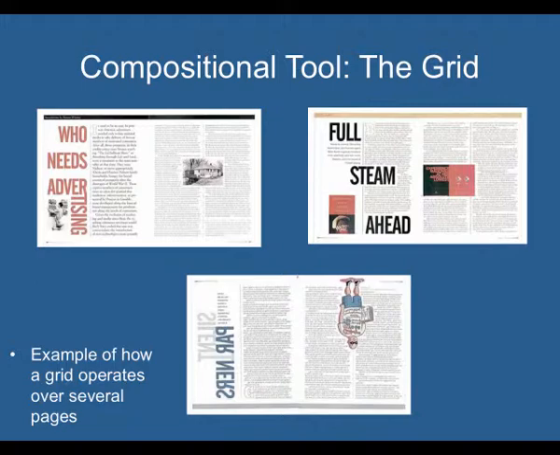So if we look at examples of the grid and how it can operate over several pages, we see a 2-column layout spread across a 2-page layout. Here, in primacy, we see the "who needs advertising," and then the way that it was done to make it somewhat interesting, because if the person was to put advertising across, it would take the whole 2 columns.